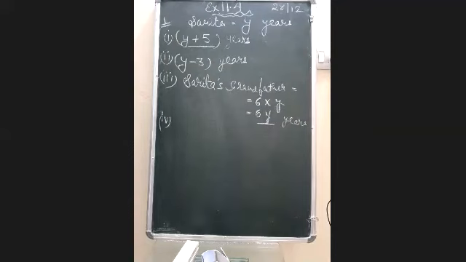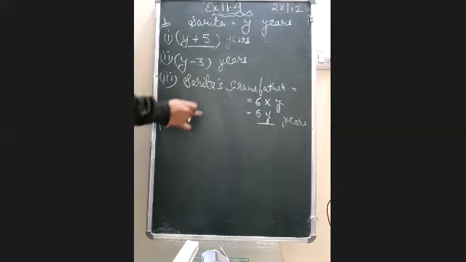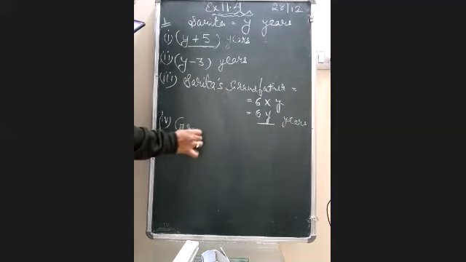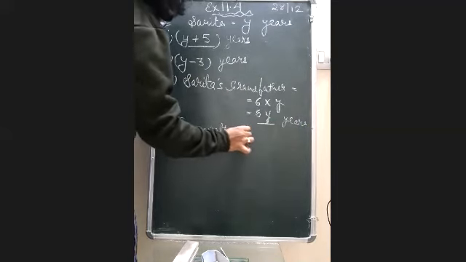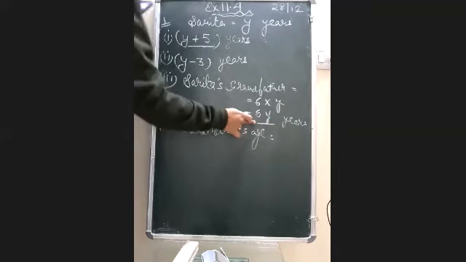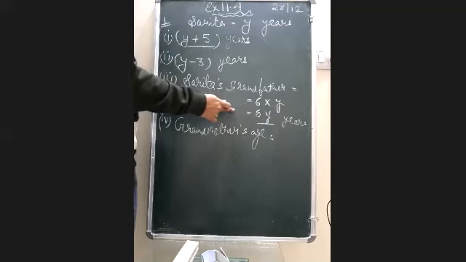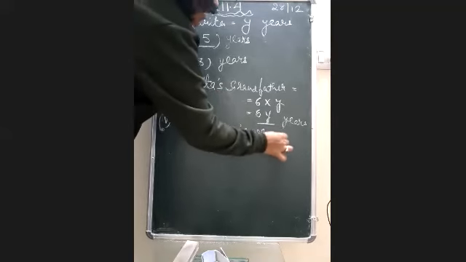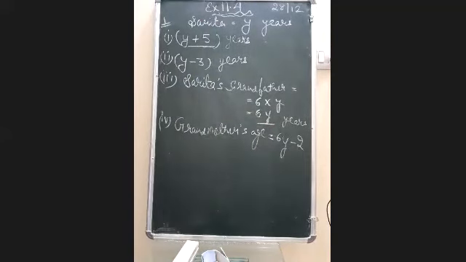It means grandmother is 2 years less in age than grandfather. So let us write down the grandmother's age. 6y is the grandfather's age, and she is 2 years younger, so it becomes 6y minus 2 years. Now this is grandmother. Very nice, Avi Gupta. Now you got it. Okay, now let us come to the next question.